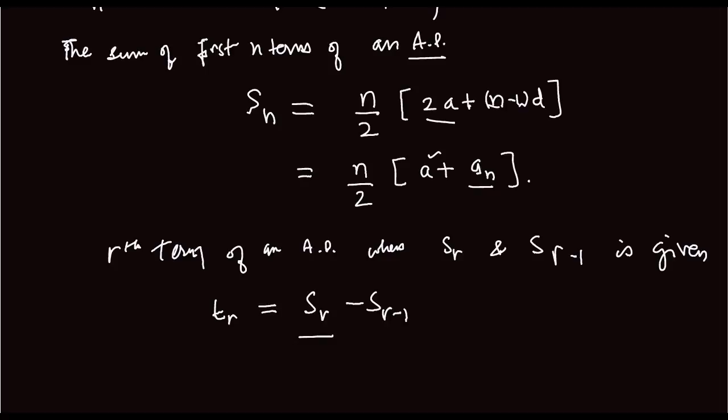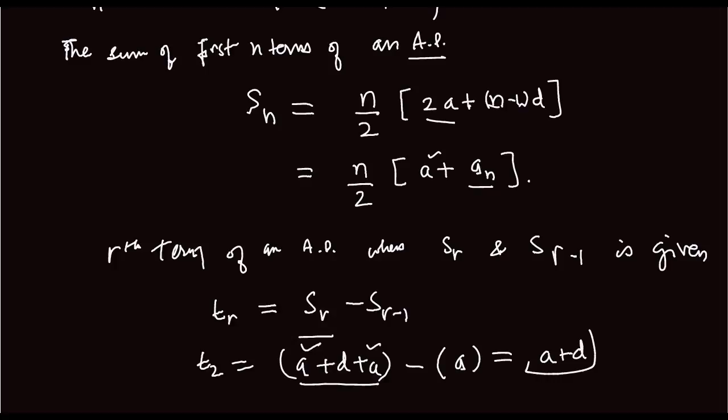For example, T2 will be the sum up to the second term, A plus D plus A, minus the sum up to the first term, which is A. This gives you A plus D, which is the second term. That's how we get Tr equals Sr minus Sr minus 1. This is an important formula, you need to remember this.